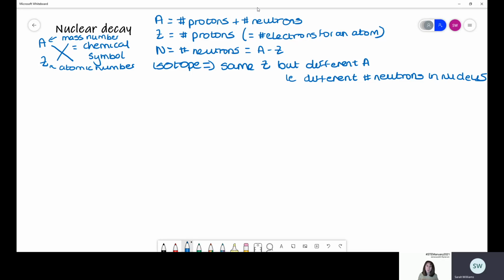A common example is the element carbon, which has two common isotopes, carbon-12 and carbon-14. And carbon-14 is often discussed when considering radioactive carbon dating. Carbon-14 nuclei are unstable, so will decay.